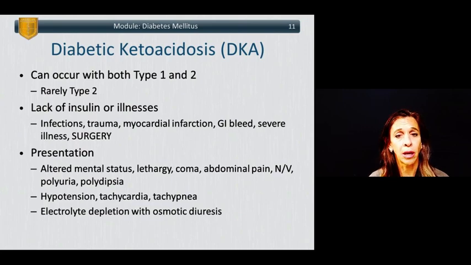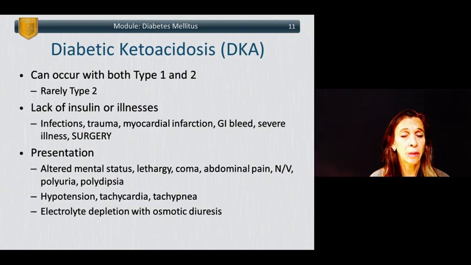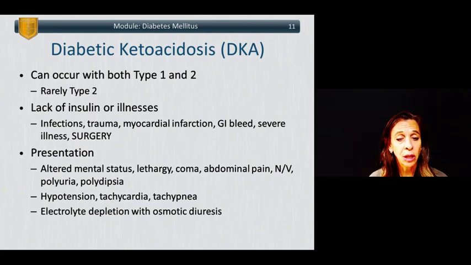Infections, trauma, myocardial infarctions, major GI bleeds, severe illness, and surgery are all reasons to cause a patient to go into DKA. The presentation of DKA is typically an altered mental status, lethargy, even coma, abdominal pain, nausea, vomiting, polyuria, polydipsia. Patients are often hypotensive, tachycardic, tachypneic.